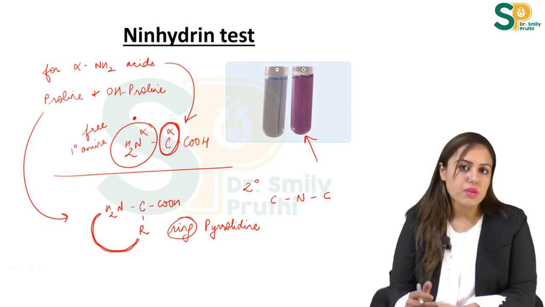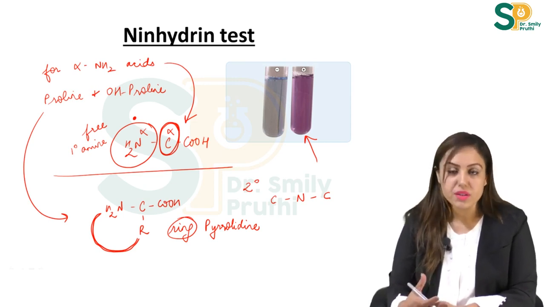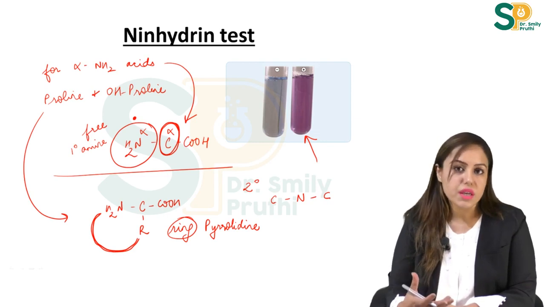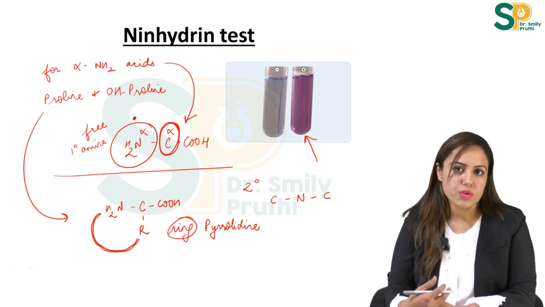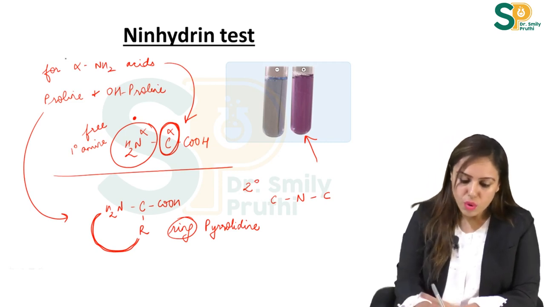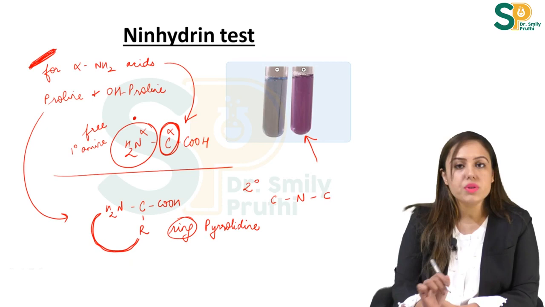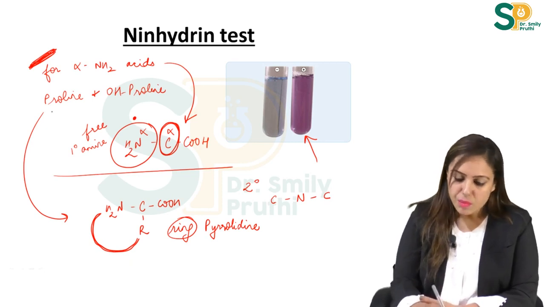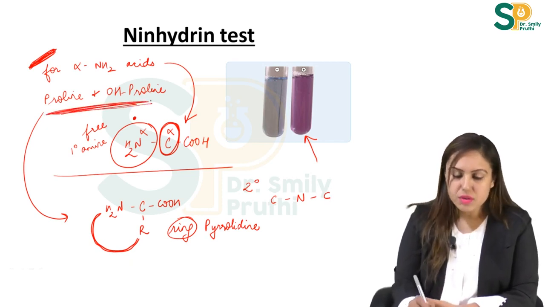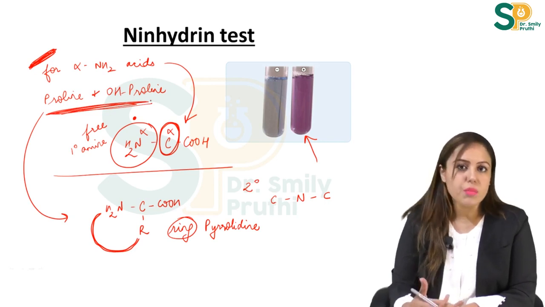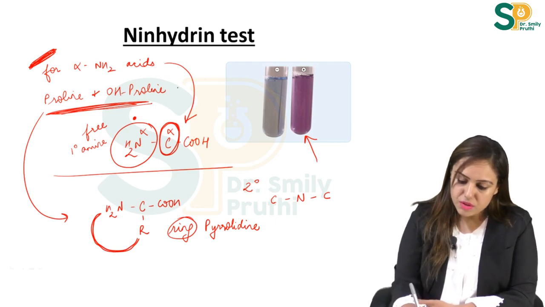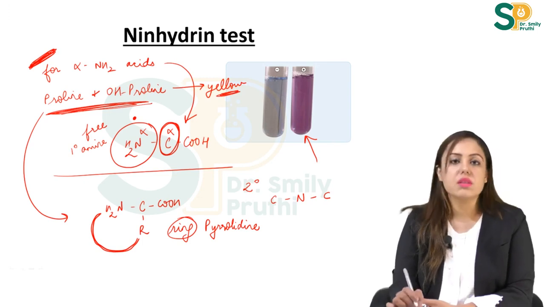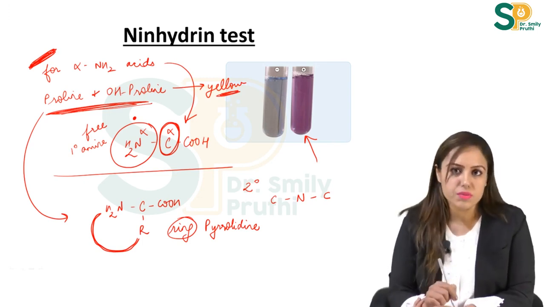So this is not an alpha amino acid, so it is a secondary amino acid or secondary amine, that is proline and hydroxyproline. So all the amino acids give purple color with Ninhydrin test, but proline and hydroxyproline, due to their secondary amino group, they react differently with Ninhydrin reagent, and these both give yellow color, right?